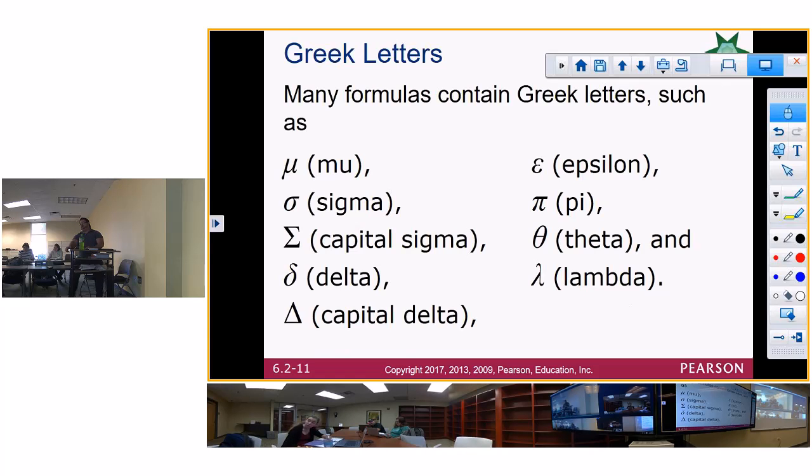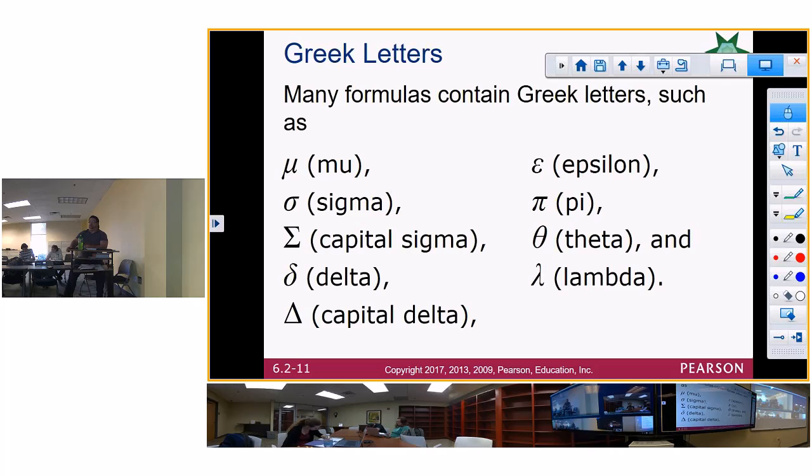Delta is usually for difference, meaning you're going to subtract. Epsilon, pi, everybody knows pi, 3.14. Theta. Theta is usually an angle. Write that down. Like if I want to find the angle of a triangle, I would call it theta.